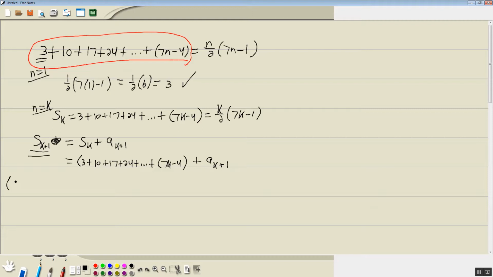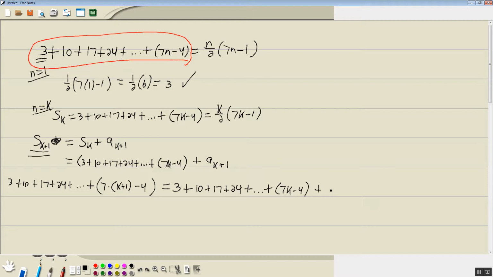So I'm going to have, I'll get rid of those parentheses, 3 plus 10 plus 17 plus 24 plus ... plus, and here I got 7 times, and then I'm plugging in k plus 1 for the n, minus 4 is equal to 3 plus 10 plus 17 plus 24 plus ... plus 7k minus 4 plus a sub k plus 1.